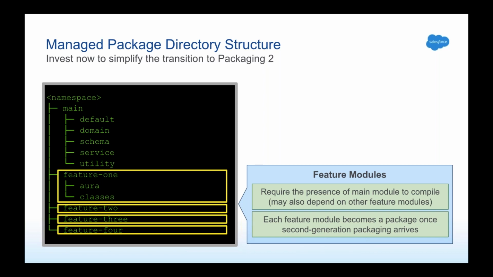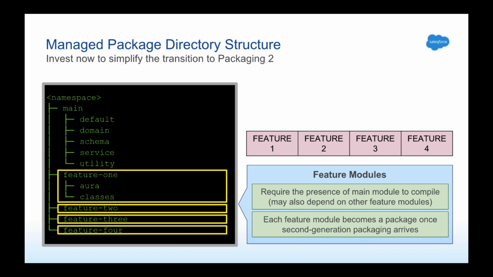And then you could pull back in feature 1, feature 2, feature 3, and build them on top of that main. That's going to be a way to give you that feature-based development. And then again, when packaging 2 comes, all of this gets to come together and be broken apart as individual second-generation packages that fit under the same namespace.